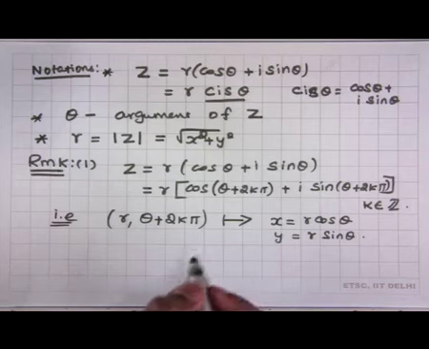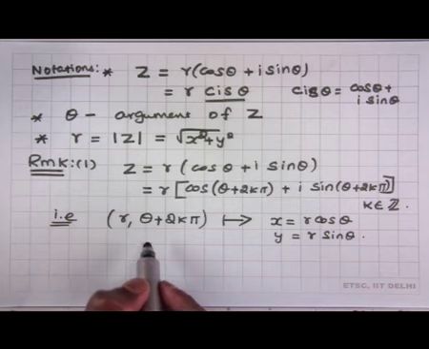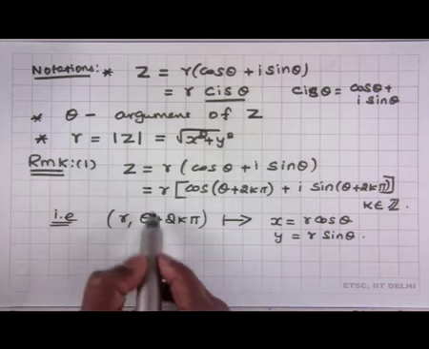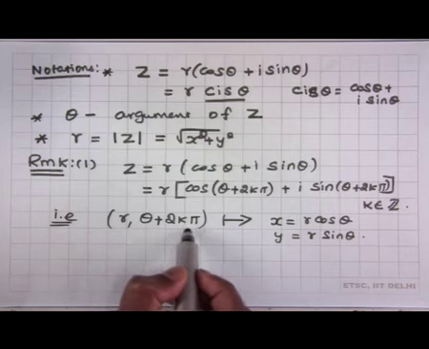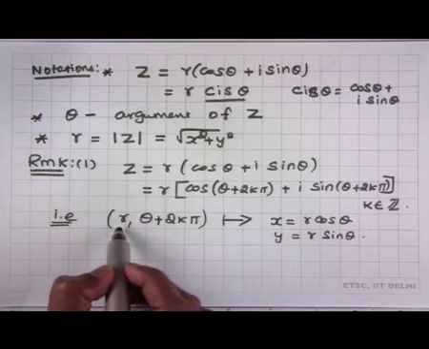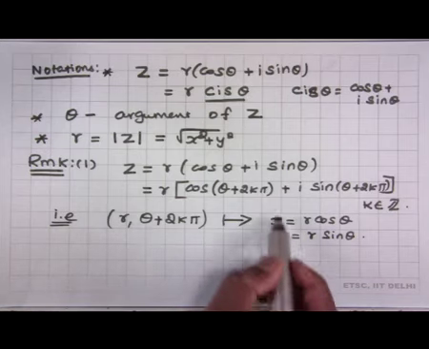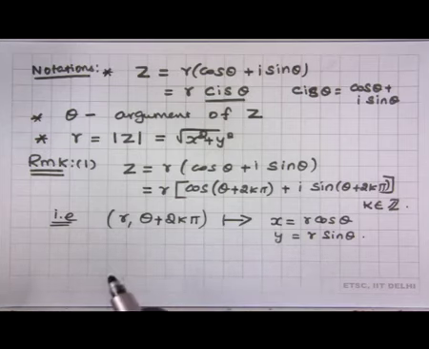In other words, if theta differs by 2 pi, they still map to the same point, which is (x, y).